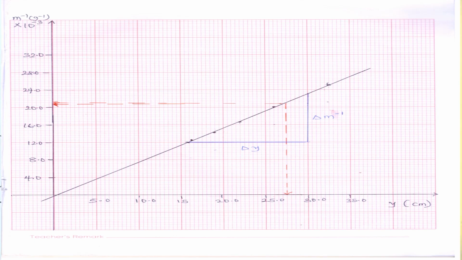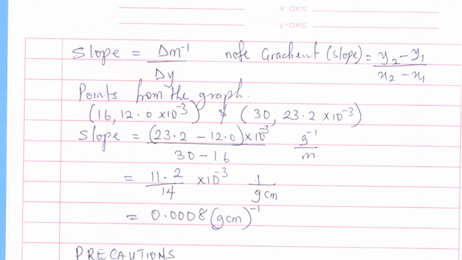Then to the vertical part, you see 12 times 10 raised to power minus 3. Now for the topmost point there, where we are the first point, we have 30 and 23.2 times 10 raised to power minus 3. Beautiful. Good. Now we can move on from there.